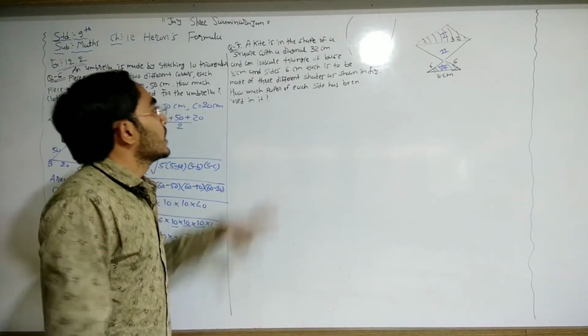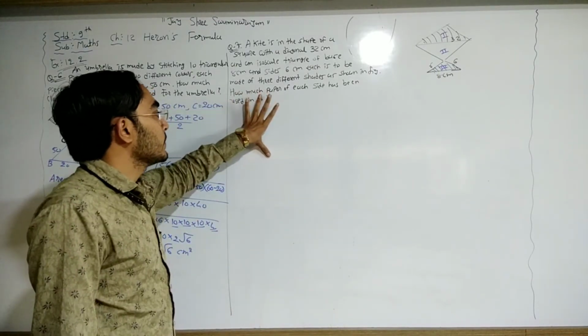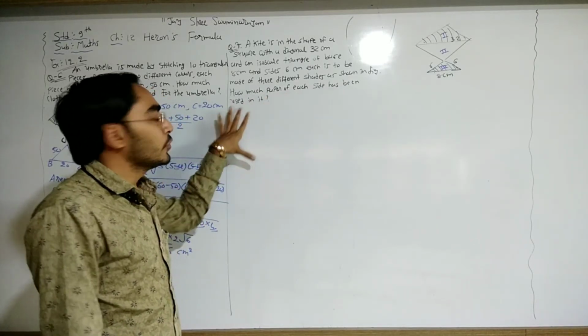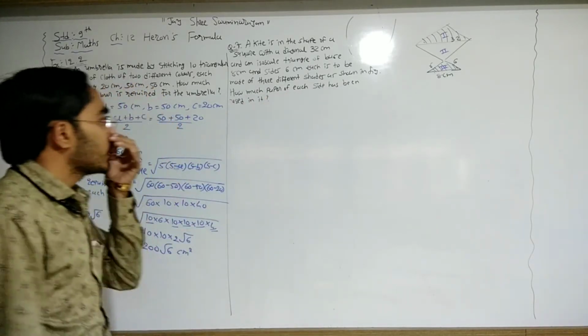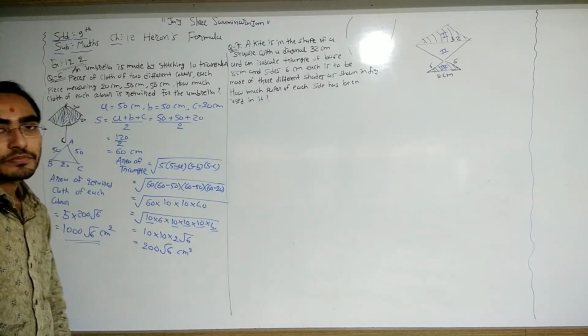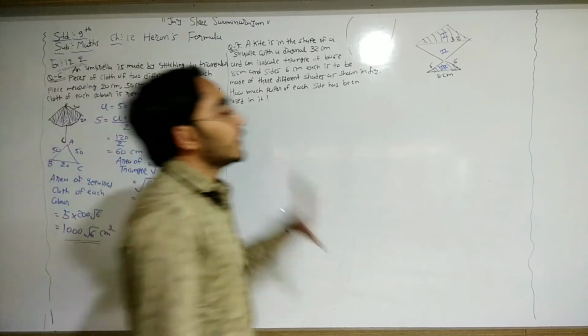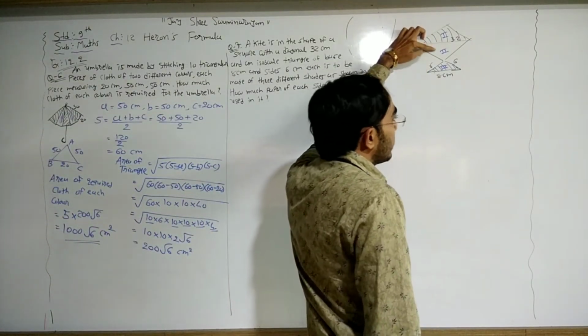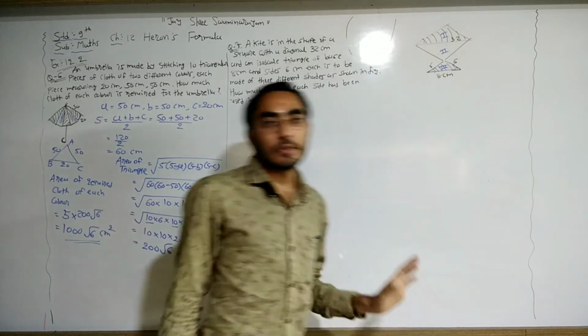So here we need to find how much paper of each shade has been used in it. We need to find the area of the first part, area of the second part and area of the third part.